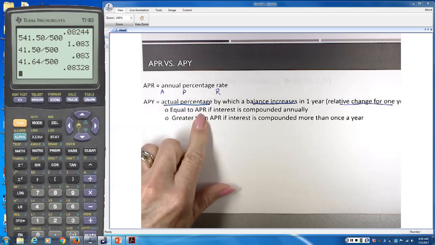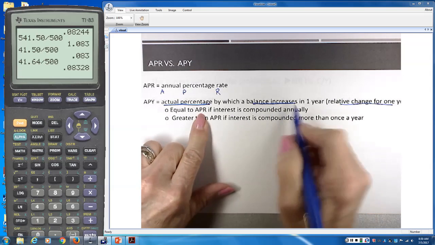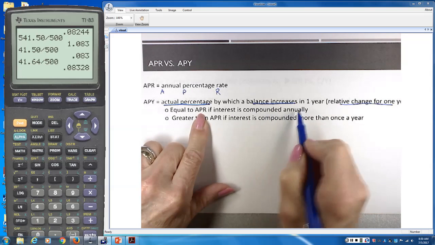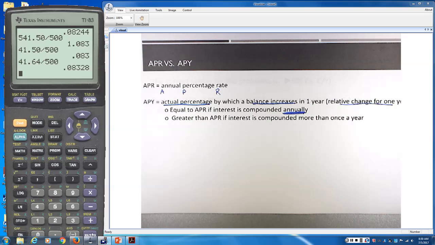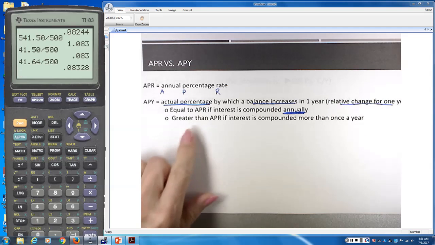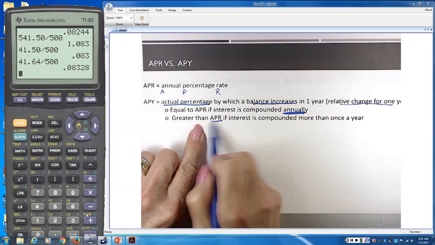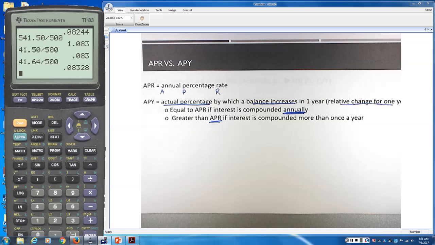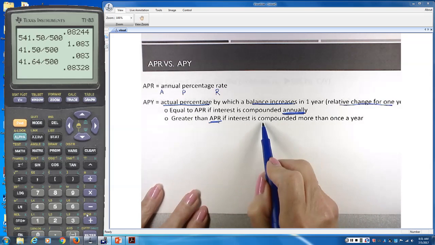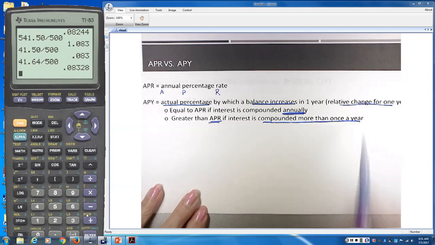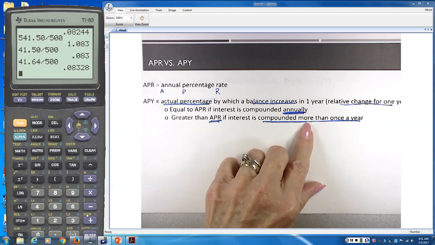It's equal to the APR only if the interest is compounded annually. It's going to be greater than the APR, as we saw in that problem. It kept getting a little larger. It's going to be greater than the APR if the interest is compounded more than once a year. The more often it's compounded, the higher the APY is actually going to be.